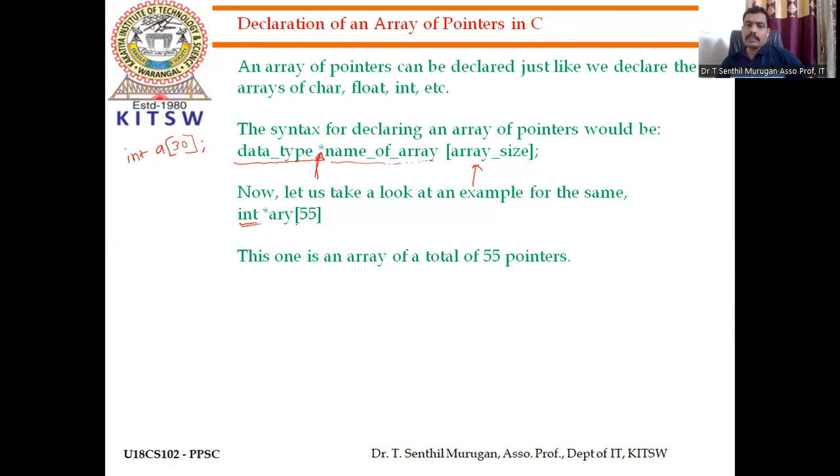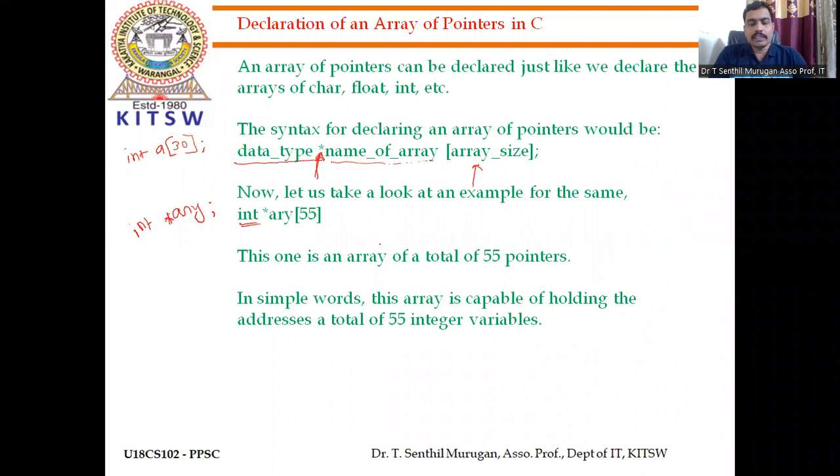Normally, if you use only the statement int asterisk arr, it creates only one pointer. That pointer points to a particular integer number, that is, it points to the location where the integer number is stored. So here we created 55 pointers. It is not 55 numbers. It is 55 pointers.